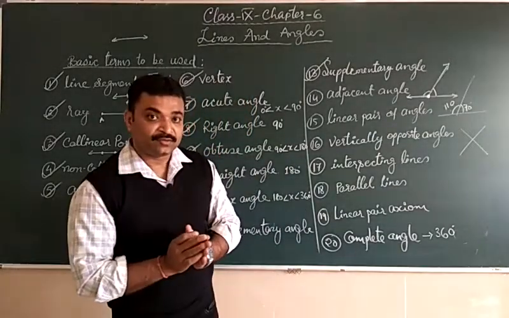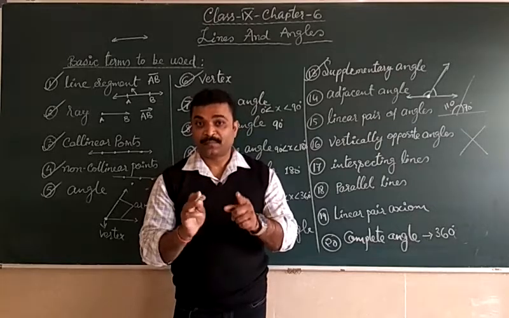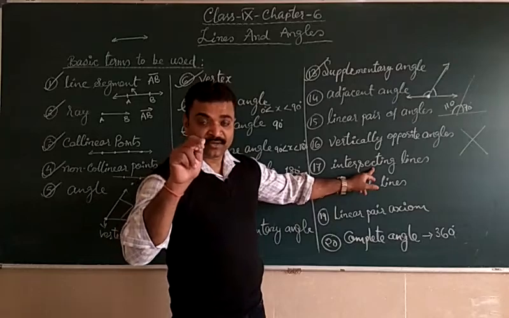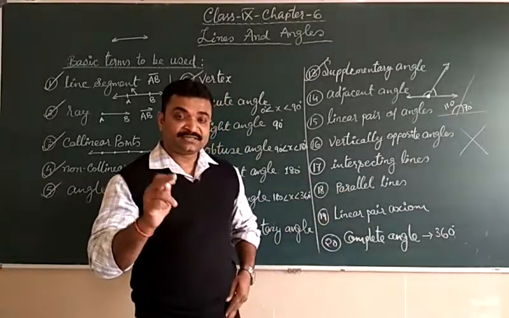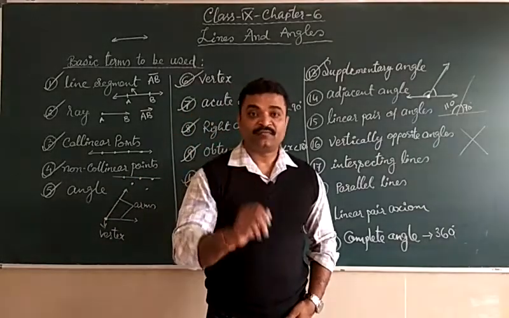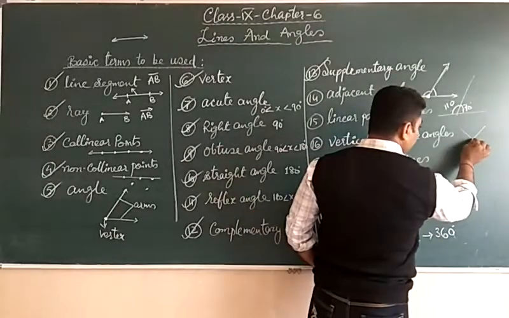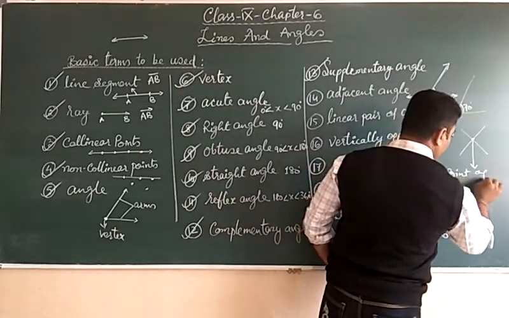Intersecting lines means they intersect at a single point, and that point is said to be the point of intersection.